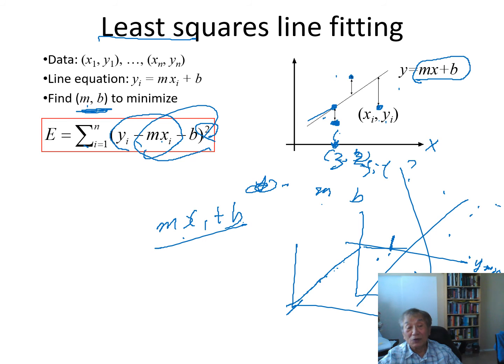But according to the line, y is mx plus b here. So the point value on the line will be m times 3 plus b.